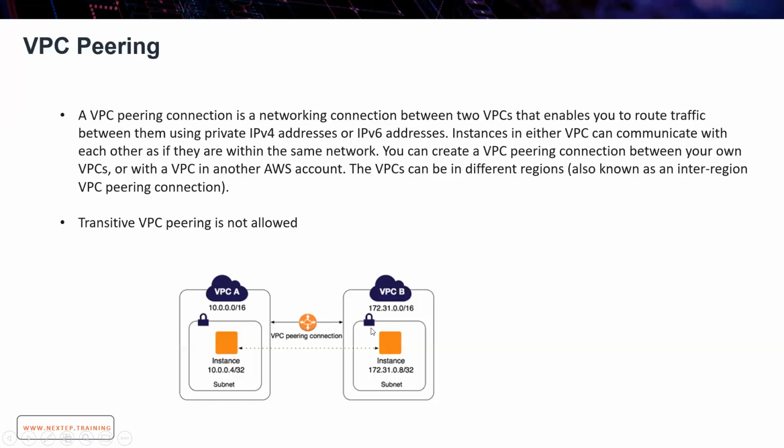A has peering with B, B has peering with C, but A does not have peering with C. Transitive peering is not allowed. If you want a peering between A and C, then you have to have an explicit peering between A and C. But you cannot have a transitive VPC peering. Understand that, please, going into the exam.